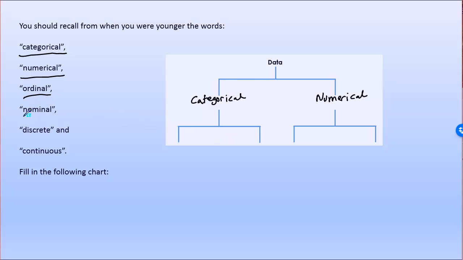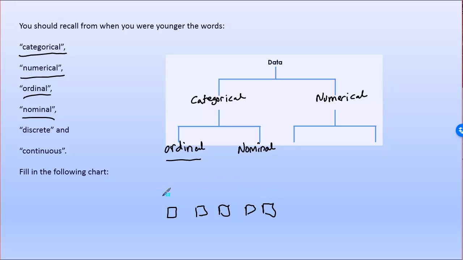The next two, ordinal and nominal, are types of categorical data. Ordinal data is categorical data that could be ordered. For example, do you remember the question earlier on about how is your teacher doing today?